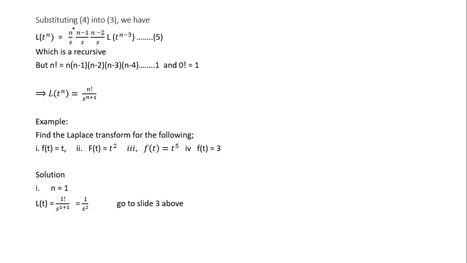So this one now we can change as factorial of n. n factorial is given by n multiplied by (n-1), multiplied by (n-2), multiplied by (n-3), (n-4), up to 1. And the same result factorial is also 1. Hence, we can transform all this numerator to n factorial. Therefore, we can simply say that Laplace of t^n will give us n factorial over s^(n+1).